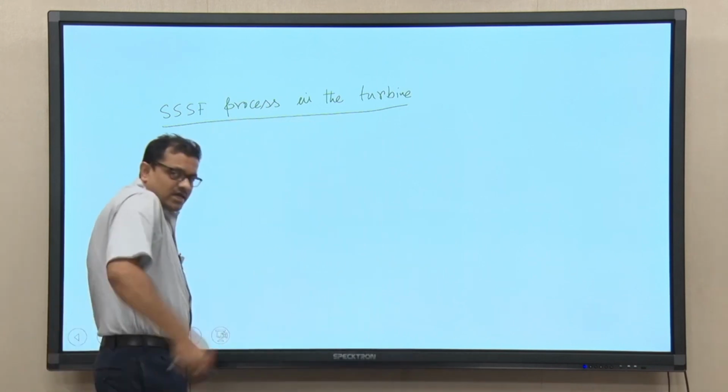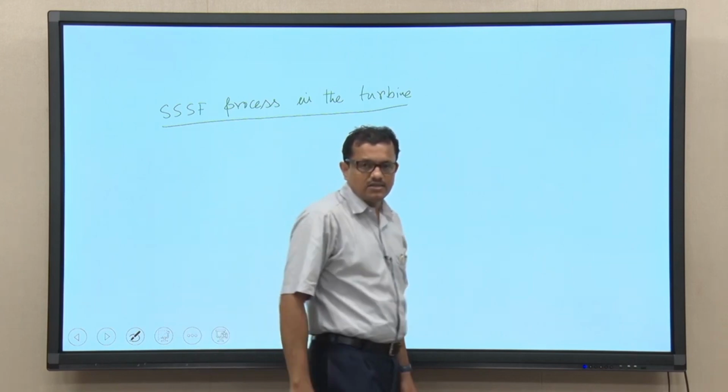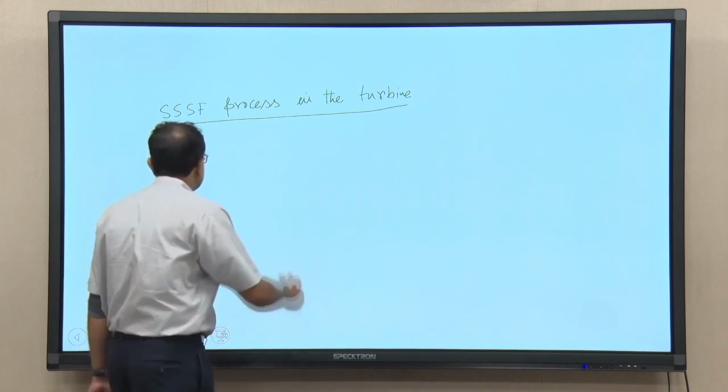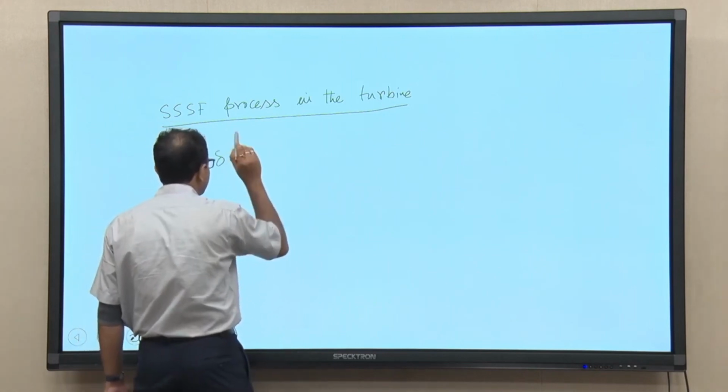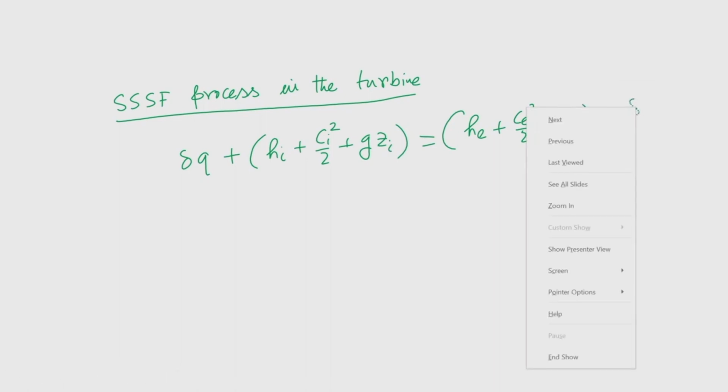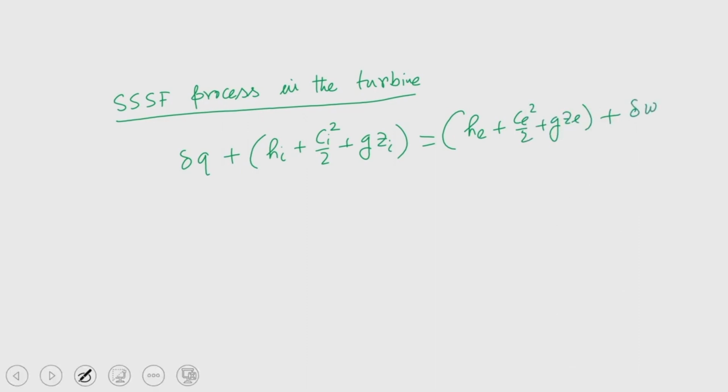We really do not know whether the turbine is a work interacting device or a heat interacting device. Let us first write the generic equation, that is, delta Q plus h_i plus C_i square by 2 plus g Z_i equal to h_e plus C_e square by 2 plus g Z_e plus delta W, right.